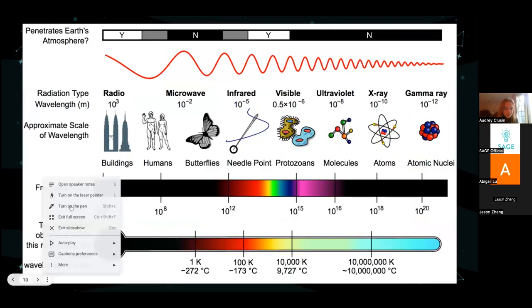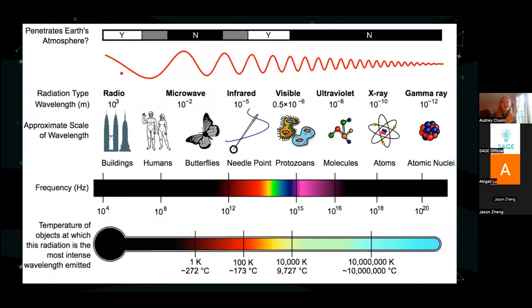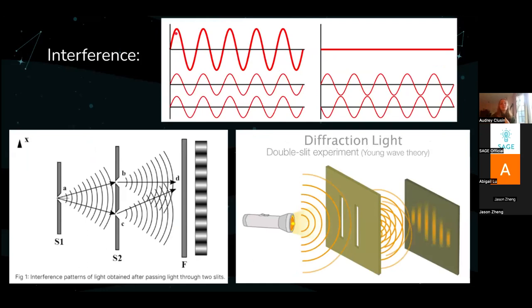So the wavelength you can kind of see is the distance from, this isn't a uniform wave, but this is a uniform wave. A wavelength is a distance from one point on the wave to another. So either from the trough, this is trough to trough, or crest to crest. And this wavelength is determined by how much energy a particle of light has.